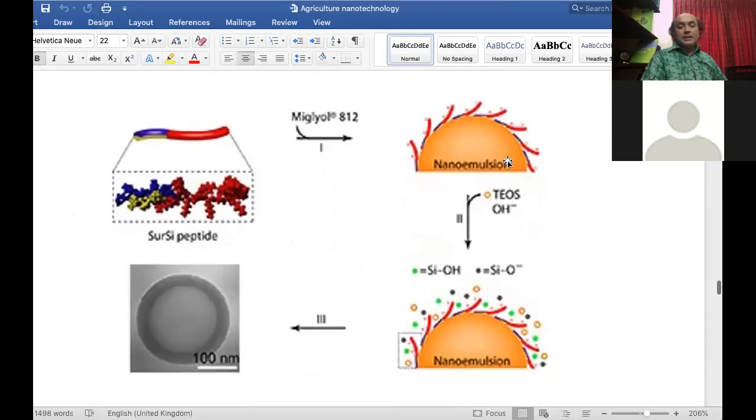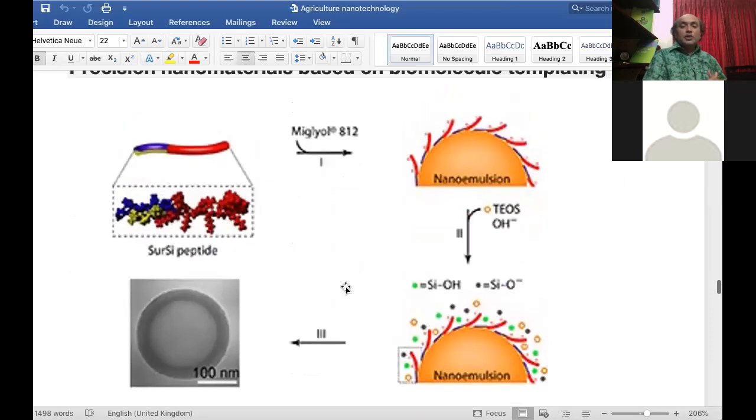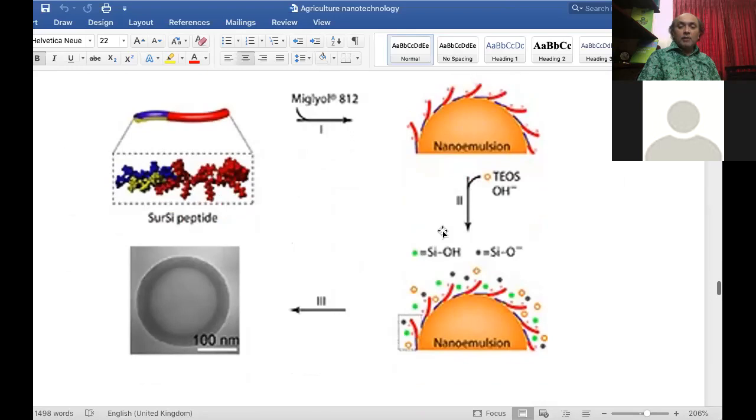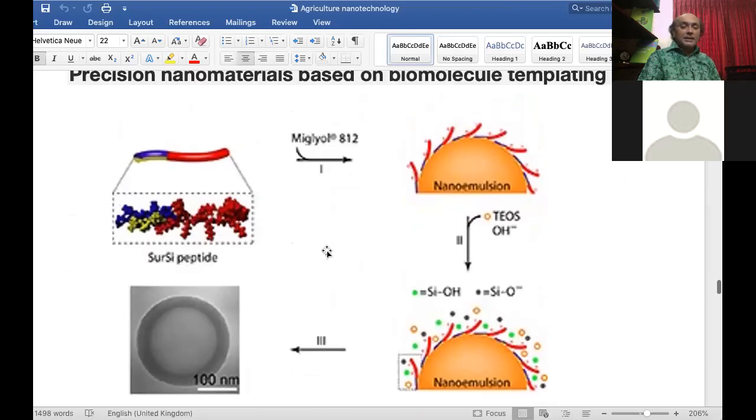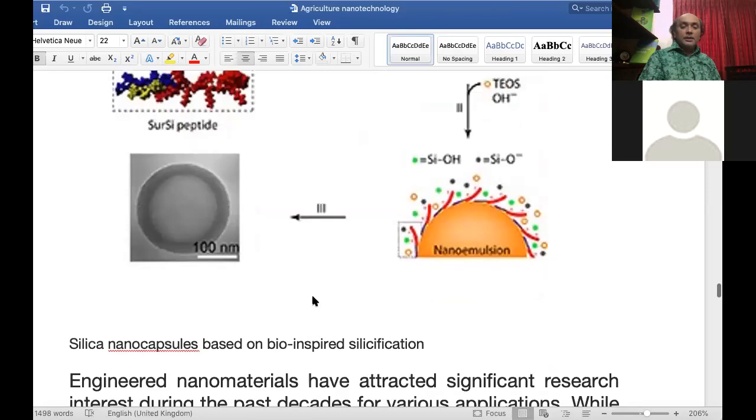This is another interesting area: precision agriculture, perhaps you heard about it. By using nanomaterials, nano emulsion, you can precisely monitor the peptide and other molecules produced, and silica nanocapsules, you see, put the nanomaterials on bio-inspired silification.